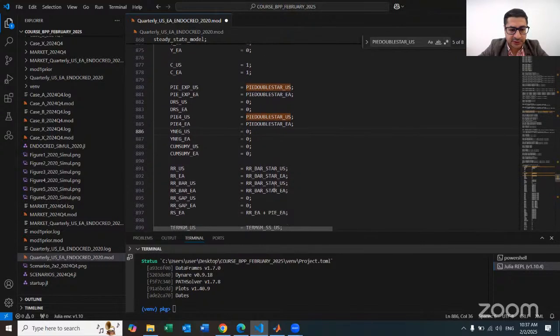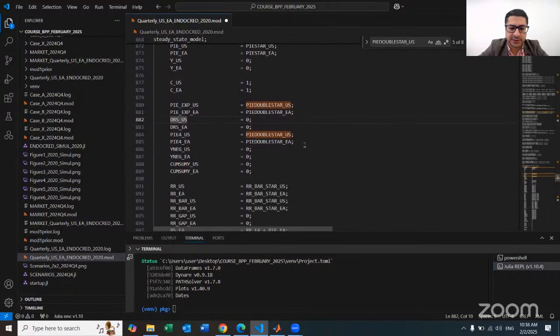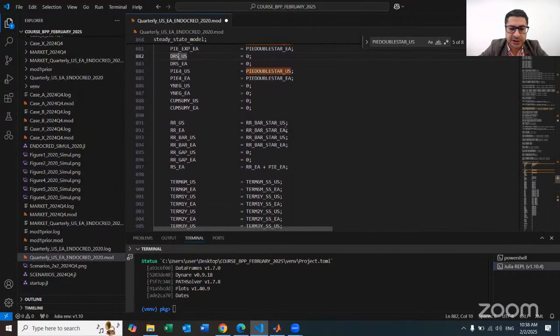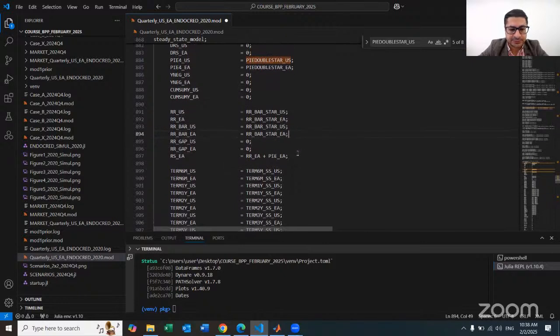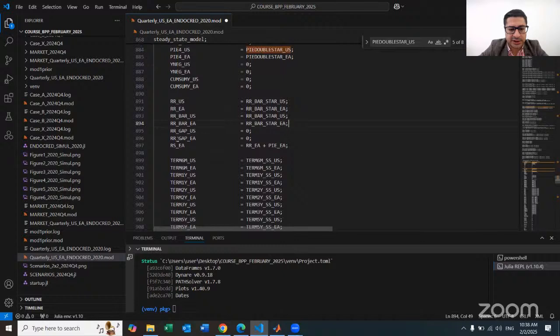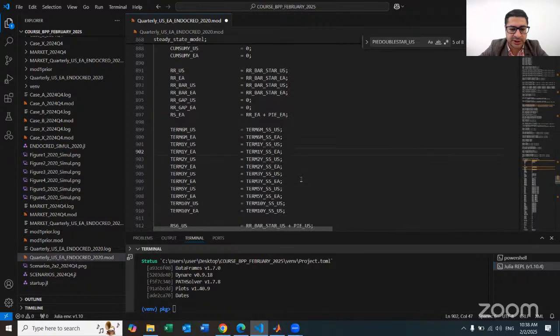So the rest of the variables or the gaps are zero, or all the changes are zero. So the change in the interest rate. These are definitions, which don't matter in the steady state of the model, but in this block we need to define them. So the real interest rate equals the bar, which are neutral rates, and the nominal interest rate in the steady state equals the real rate plus the inflation target.